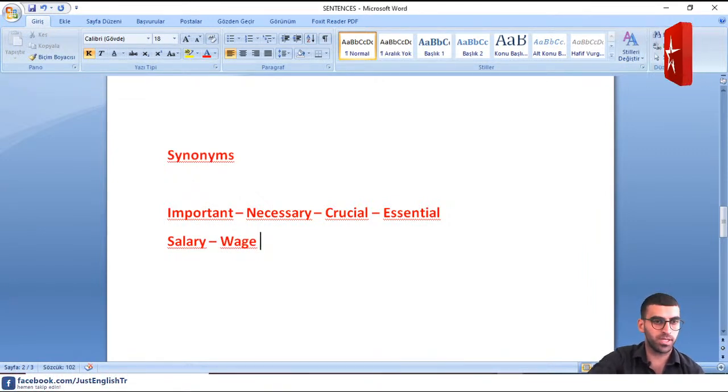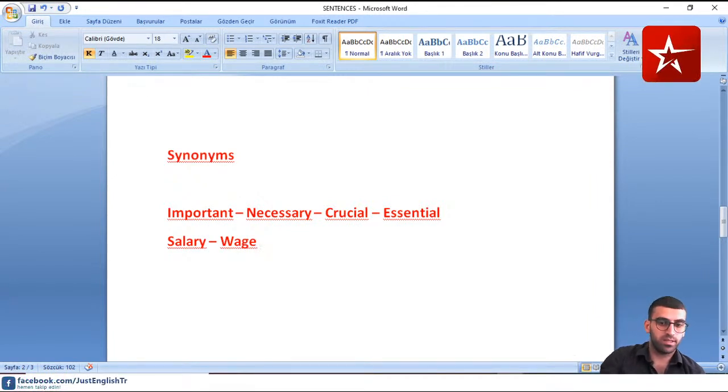If you learn salary, please look up the dictionary, go to the word salary and try to find the synonym of salary. You will see the synonym of salary is wage. So you can know both of them and use wage and salary in your sentences perfectly.